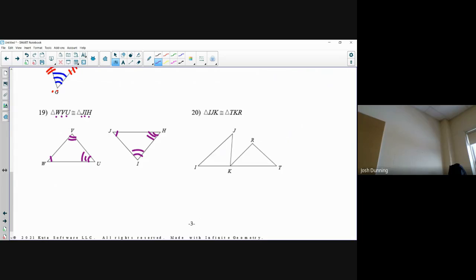Now, an alternative way to do the sides, rather than use the letters, if you don't like that, is you can look at the angle marks that we just made. There's the 1 and the 2 slash angles, so you can match that up with the 1 and the 2 there.